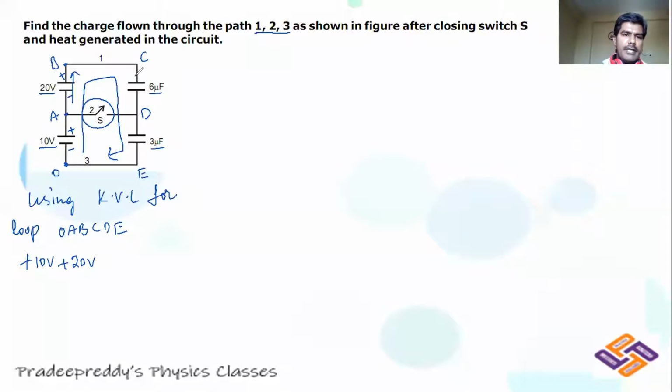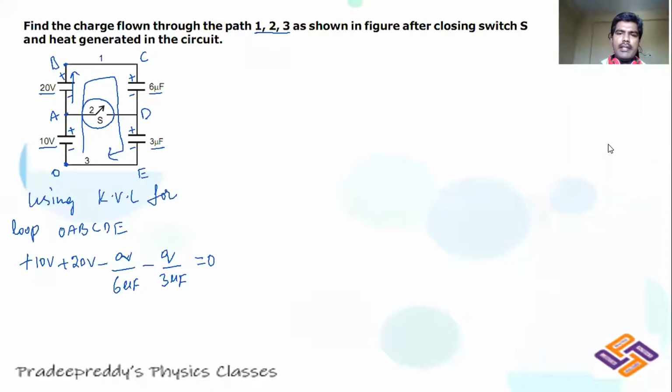So this becomes plus and this becomes minus, this becomes plus and this becomes minus. Now coming here, you will have minus, charge transferred, you do not know, let it be Q divided by C, which is 6 microfarad. Next, potential dropped across this capacitor will be Q divided by 3 microfarad, equal to 0. Okay, nothing I have done, just I have used KVL for the closed loop.